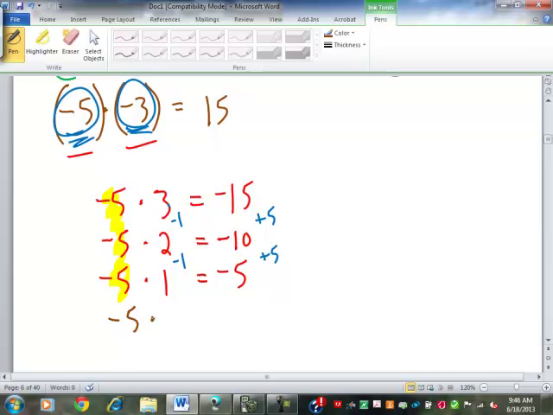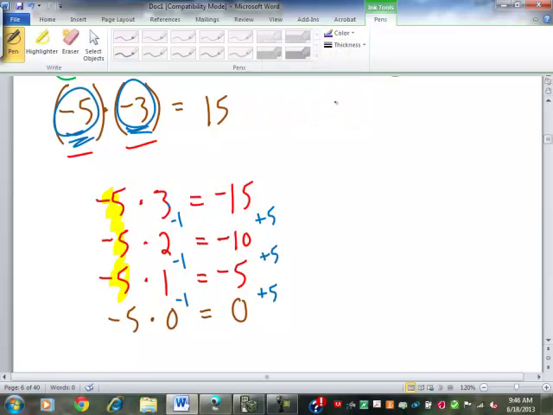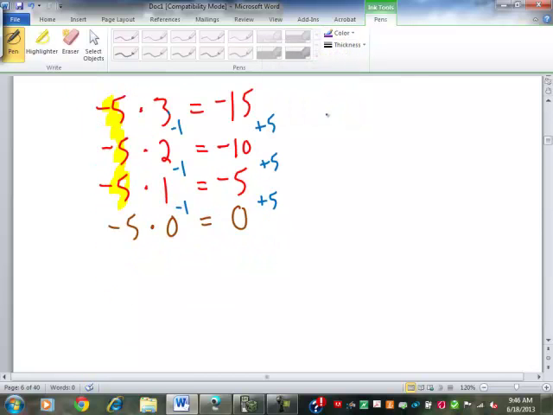If we did negative 5 times 0, we get 0. Anything times 0 is 0. Well, did the pattern continue? Well, we went down by 1 here, and we went up by 5 for our answer. So yes, the pattern did continue. So if we keep going, negative 5 times negative 1 has to be a positive 5.